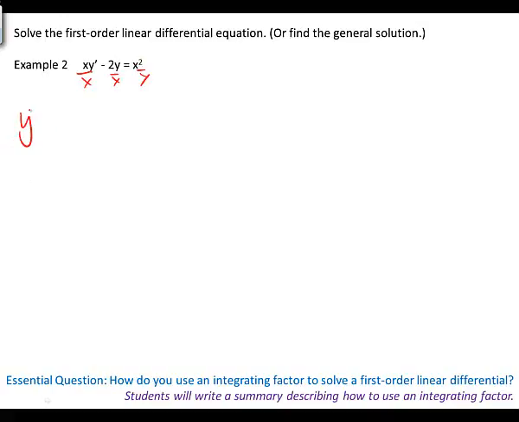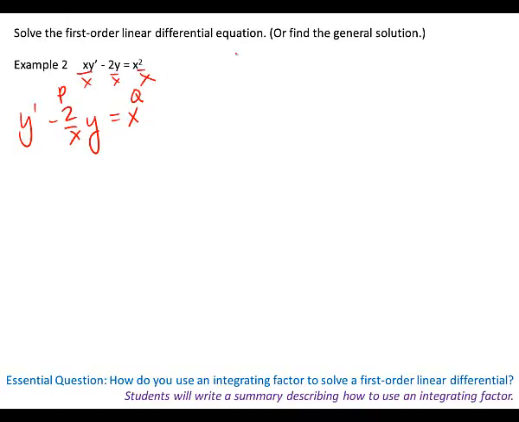So I'm going to write it as y prime minus 2 over x times y equals x, right? Because x squared divided by x would be x. All right, so this is my p function. That's my q function.